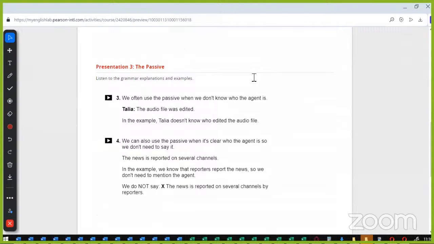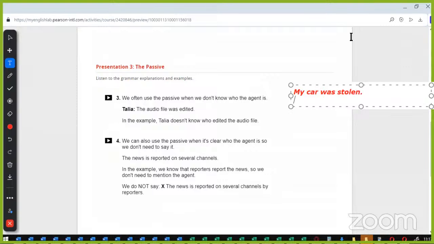So we often use the passive when we don't know who the agent is. Like, the audio file was edited, or let's say my car was stolen. I don't know who stole the car, right? Of course, normally we don't know who's stealing things, right?